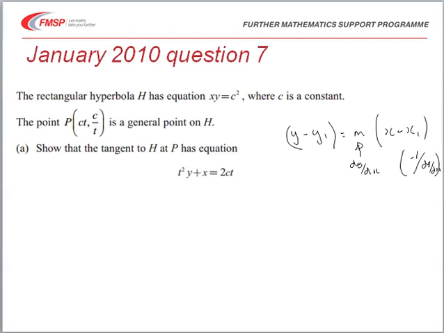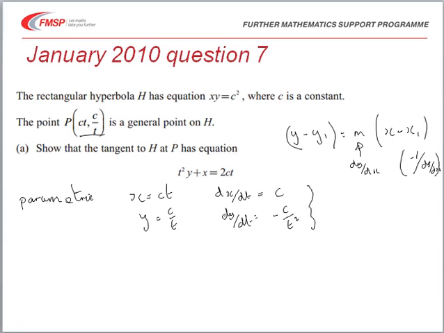However, some of you may have met the idea of parametric differentiation, in which case we can use the parameters x is equal to ct and y is equal to c over t to give the derivative dx by dt is equal to c, and dy by dt is equal to negative c over t squared, and therefore dividing these we get that dy by dx is equal to negative 1 over t squared.